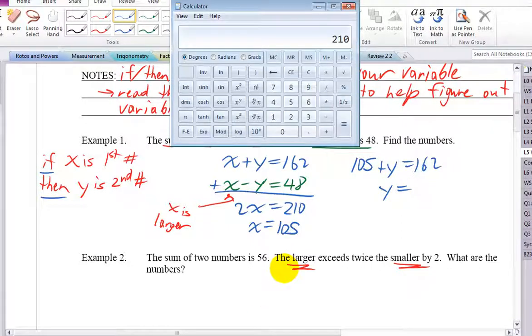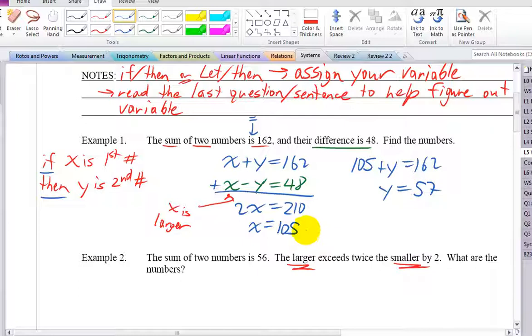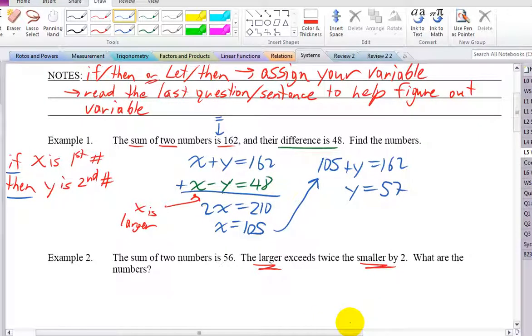Okay, so then subtract. And so y equals 57. Okay. There you go. Now you're not done. You must tell me the answer. Okay, so the question is find the numbers, reread that part, then say two numbers are 57 and 105.